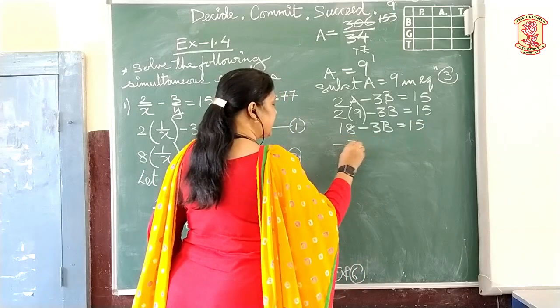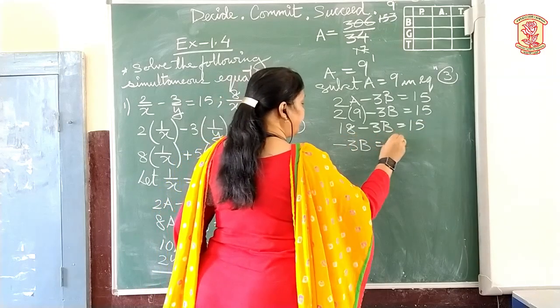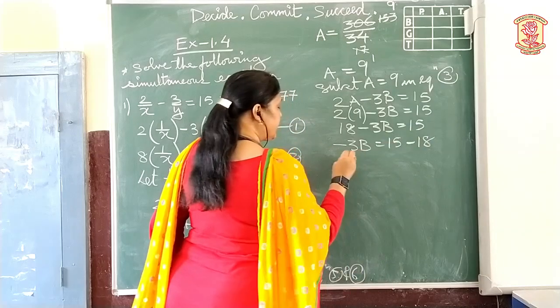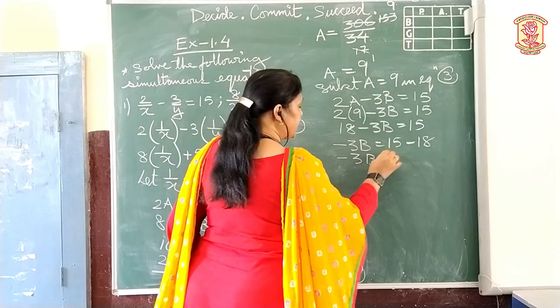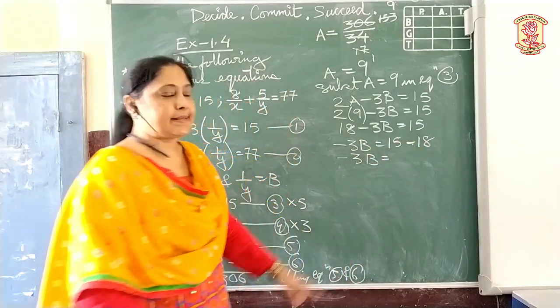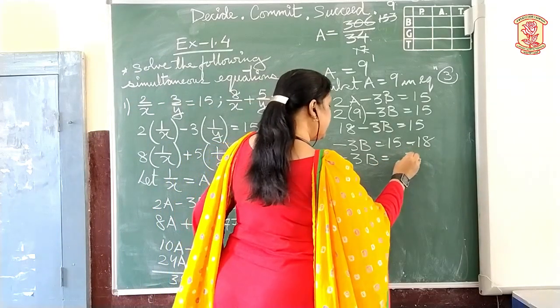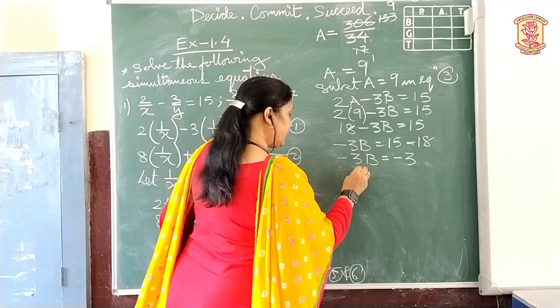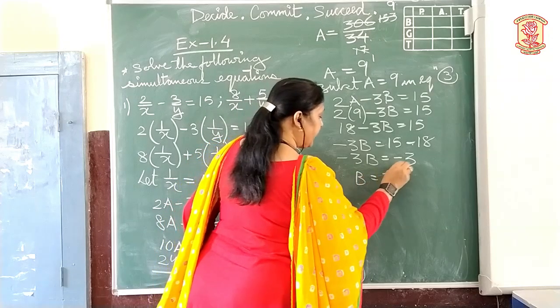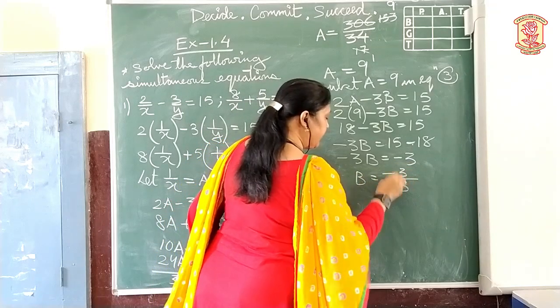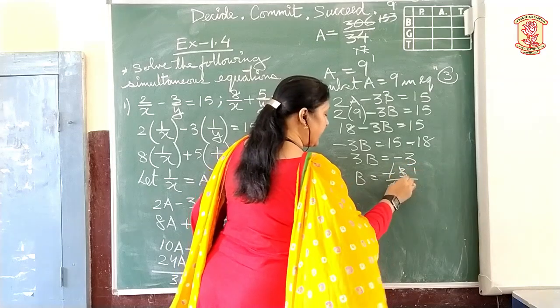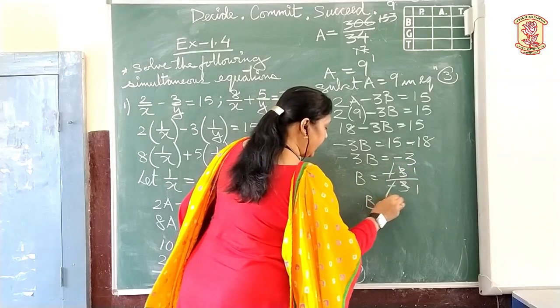So we get minus 3b equals 15 minus 18, so minus 3b equals minus 3. So b will be minus 3 upon minus 3; the minus signs cancel, so the value of b is 1.